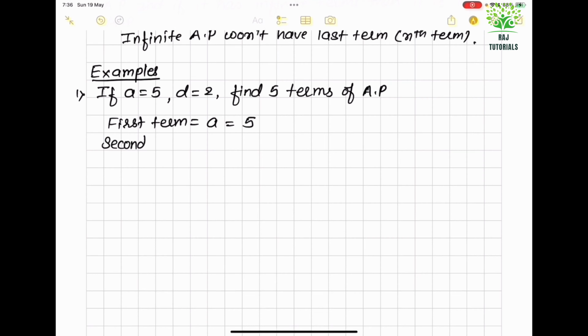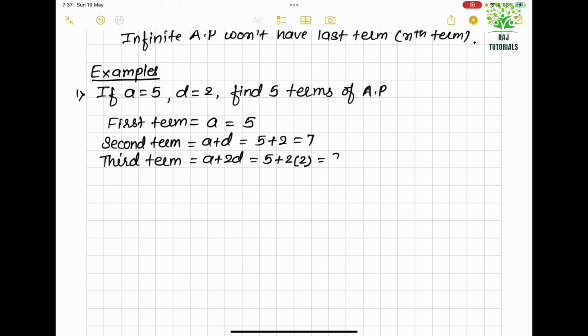Second term A plus D, that will be 5 plus 2, so that will be 7. Third term A plus 2D, that is 5 plus 2 into 2, so 9. Now the fourth term will be A plus 3D.